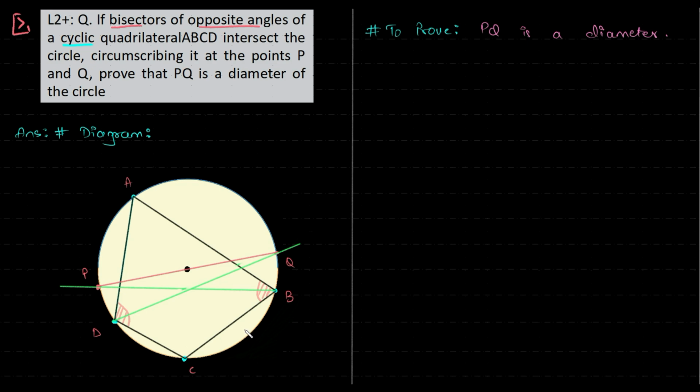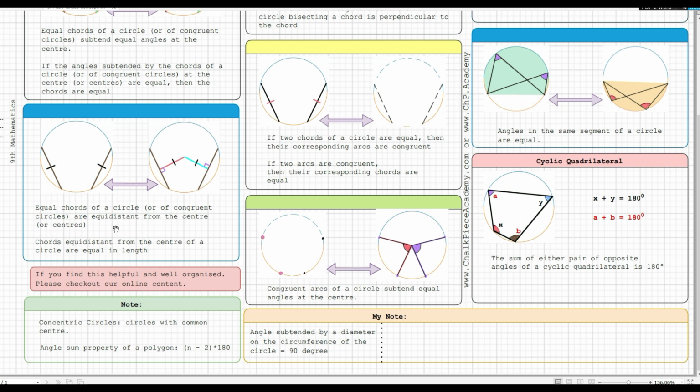How will you prove something is a diameter? Well, it is the biggest chord. That's good. In terms of angles, is there anything particular that we know? Yes, think about it. The angle subtended by a diameter on the circumference of a circle is 90 degrees. What does it mean?